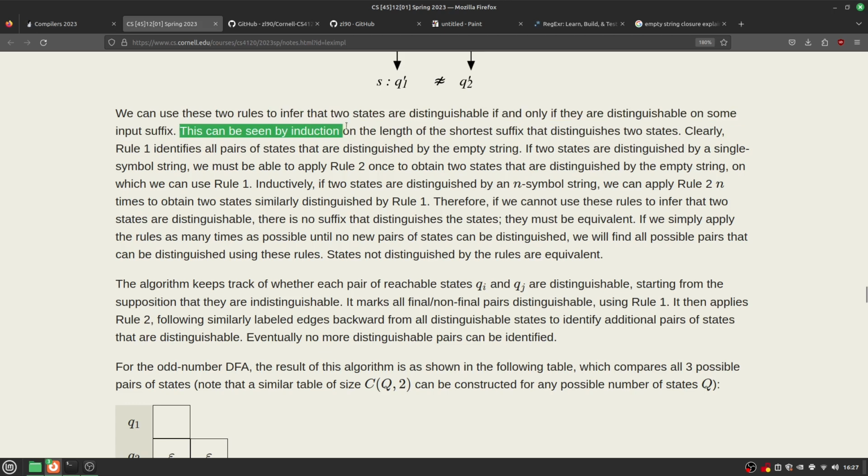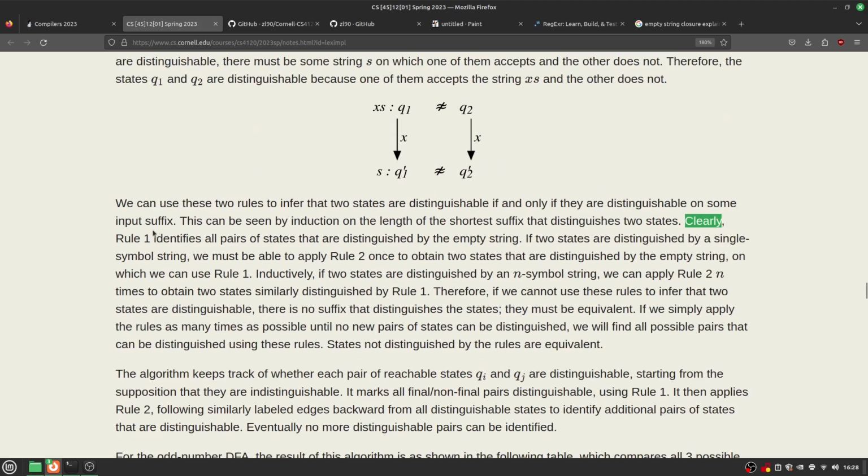This can be seen by induction on the length of the shortest suffix that distinguishes two states. Clearly, rule 1 identifies all pairs of states that are distinguished by the empty string.